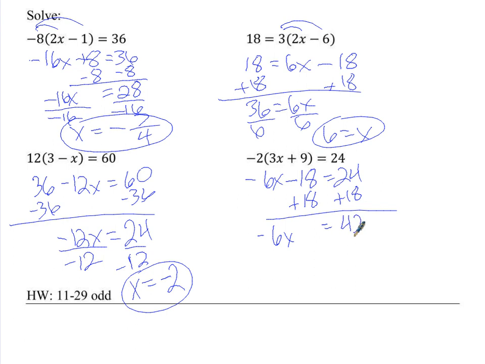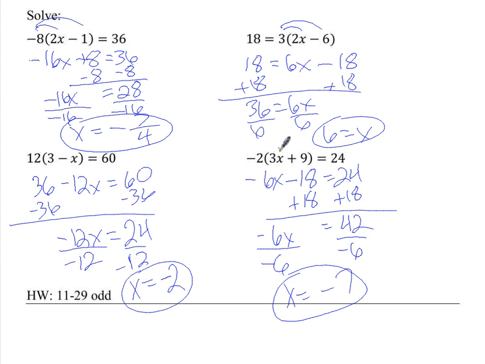24 plus 18 is 42. Now what? Divide both sides by that negative 6. x equals negative 7. 42 divided by 6 is 7, but that's a positive divided by a negative, which is negative. So we get a negative 7 as our answer. And we can check that pretty easily.